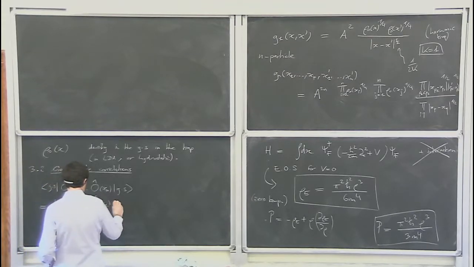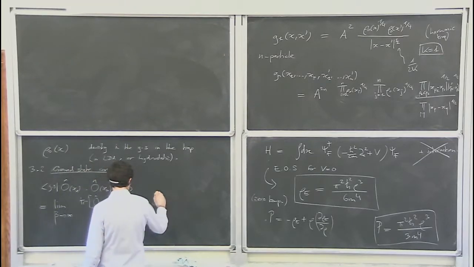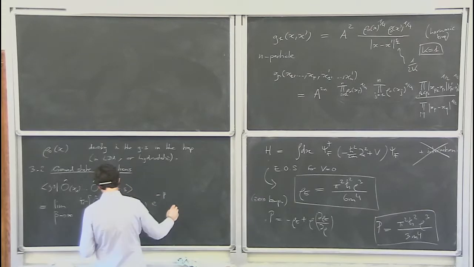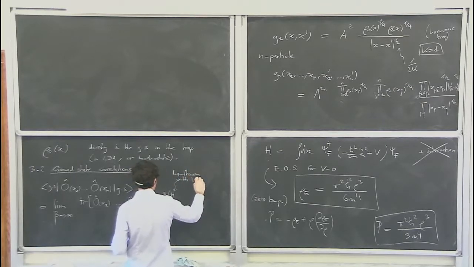Okay, so these are beta h, where h now is the Hamiltonian with the potential V of x.